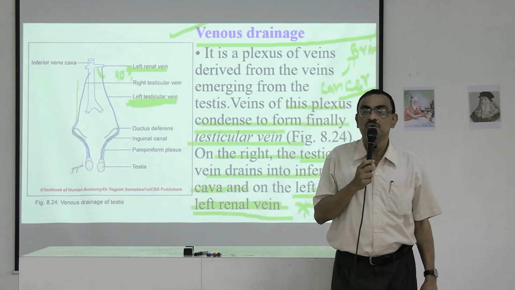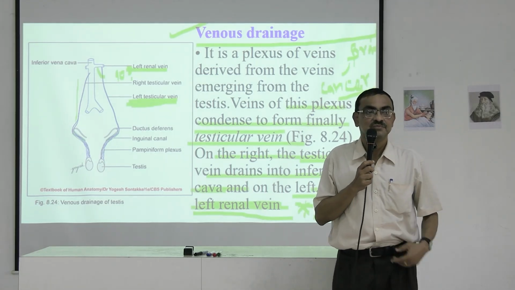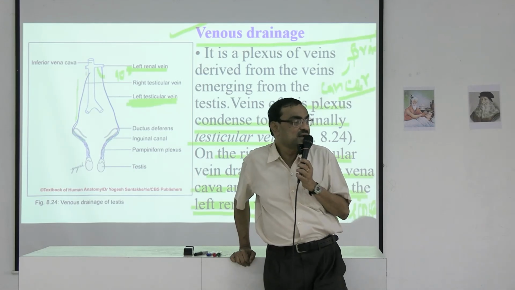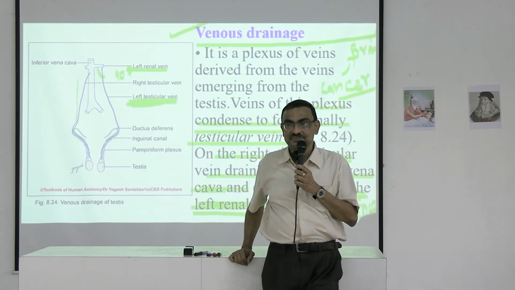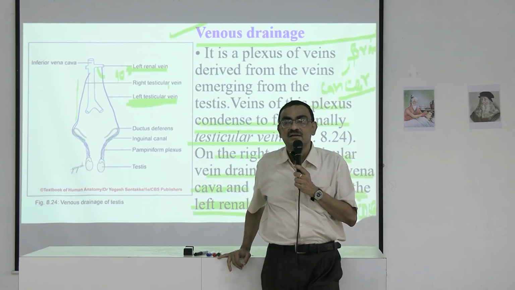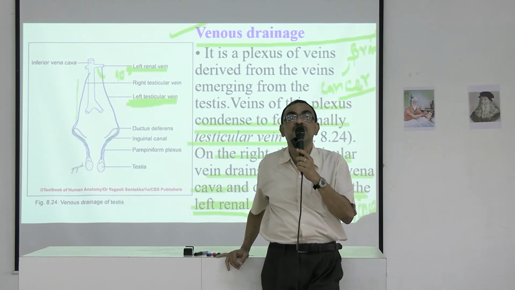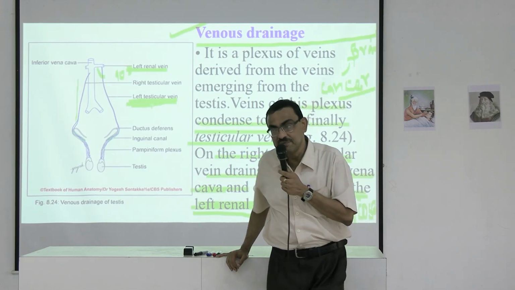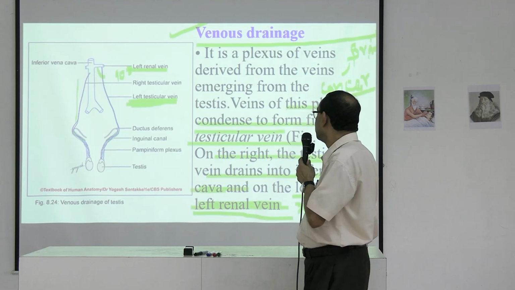It passes through the pelvic colon, which very often is loaded with fecal matter, and the left testicular vein has the least number of valves. Okay, so varicosity.